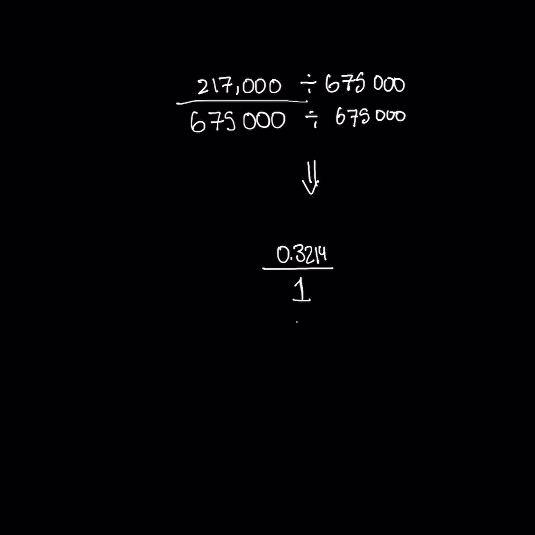But you want to find out percentage-wise, or per $100, how much you give away. To do that, we just multiply the top and bottom by 100.